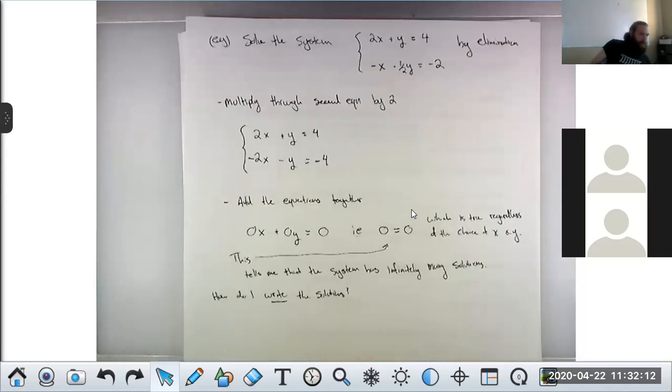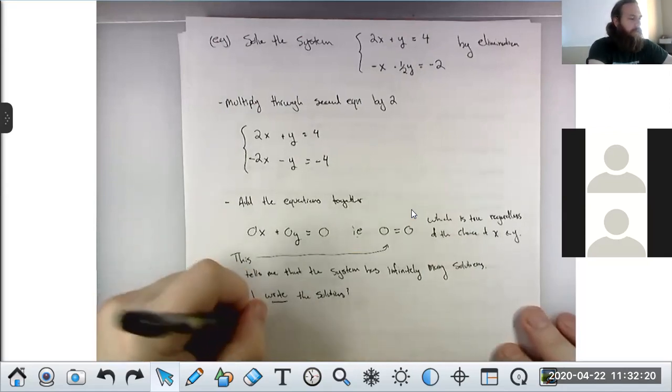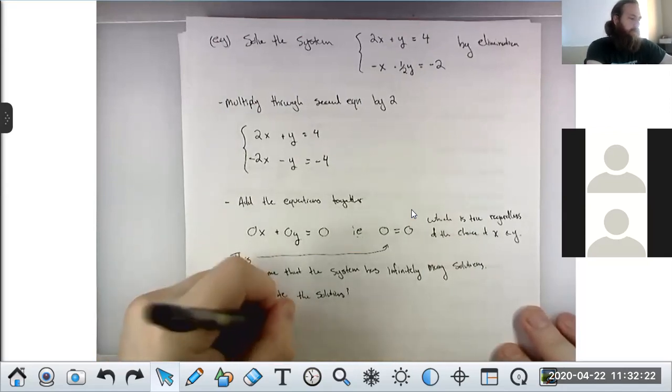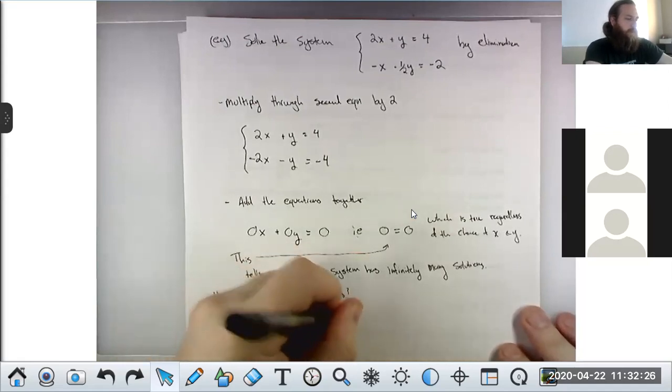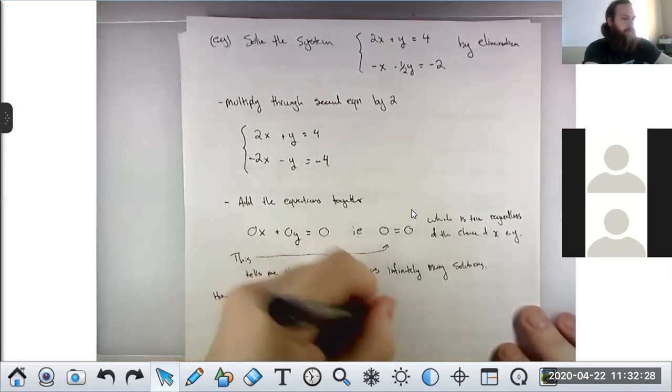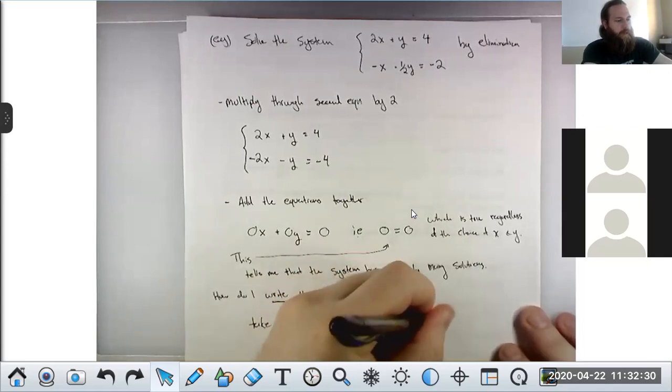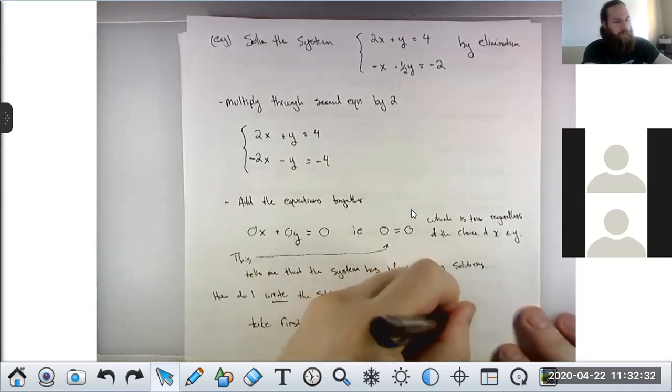How do I classify a point on the line? Well, it's x comma y, where x and y satisfy one of these equations. So let me take the first equation and write it as y equals negative 2x plus 4.